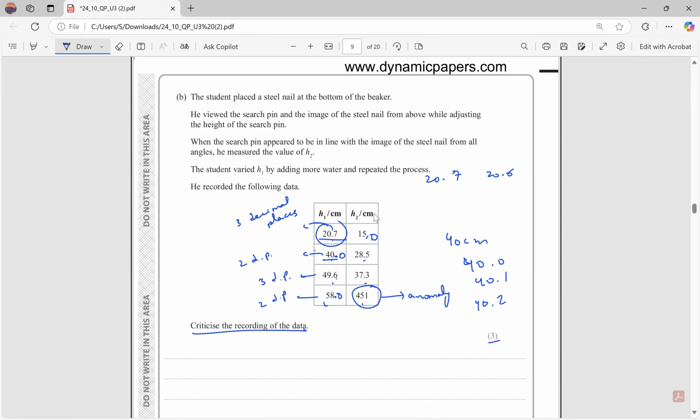So the 451 centimeters is an anomaly, which means it's a wrong reading. It should be discarded. But it's still recorded.